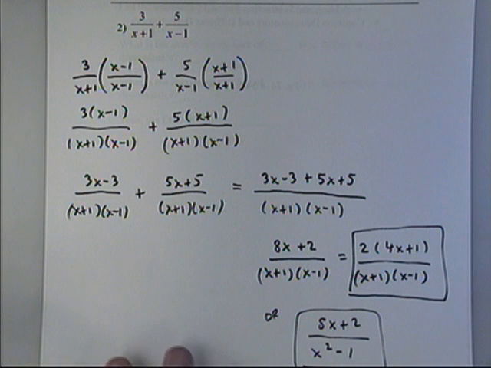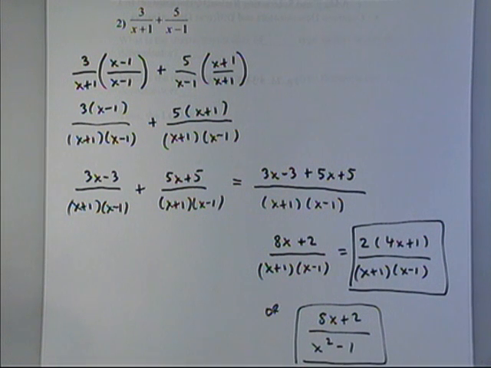Either way, can you see that? Yep. Is a perfectly good answer. I'm thinking that the tests and the reviews and everything will be more in factored form. So this would probably be better to leave things like that. But just recognize that these two are the same and they are equally good.